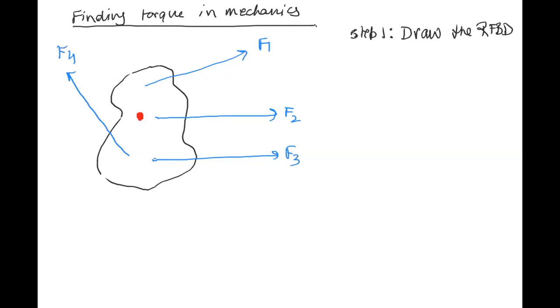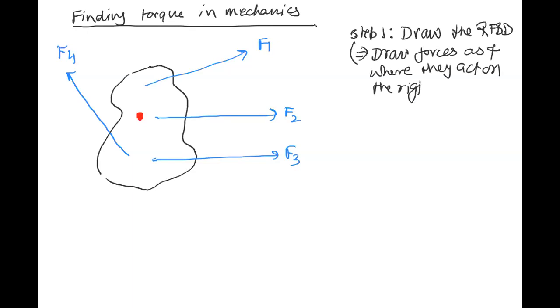So the rotational free body diagram implies that you draw the forces as and where they act on the rigid body. Okay, as I have done here on the left hand side.